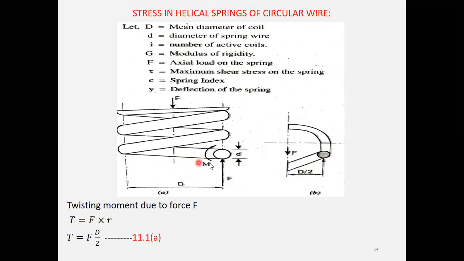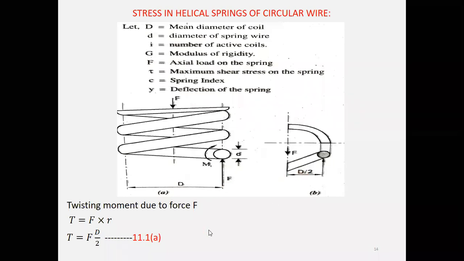From here I have considered the total diameter as d, that is nothing but the mean diameter. If you measure from this, it is called the outer diameter, and from here it is called the inner diameter. In figure B I am going to consider the quadrant of a coil. From here to here it will be d by 2.